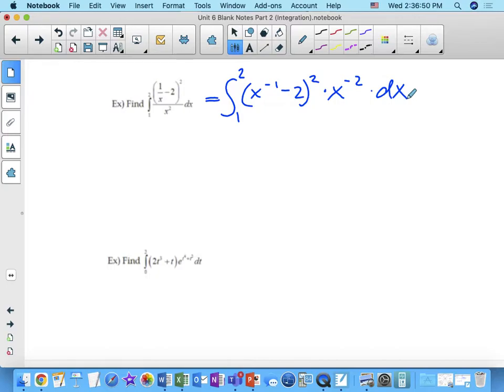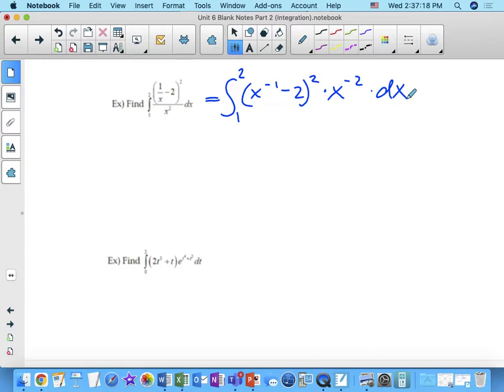Now, when you are choosing for substitution what should be u, you define u and then you find du by dx. Pick u to be the one that's not the derivative.